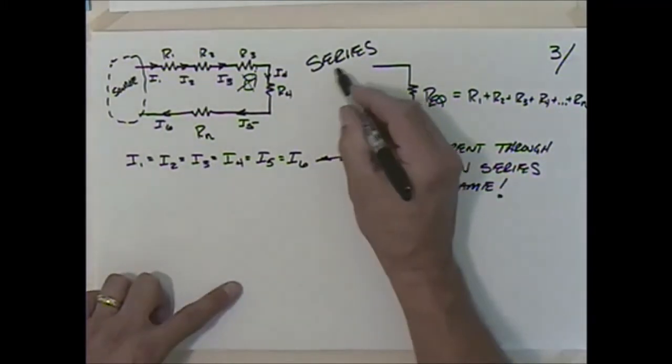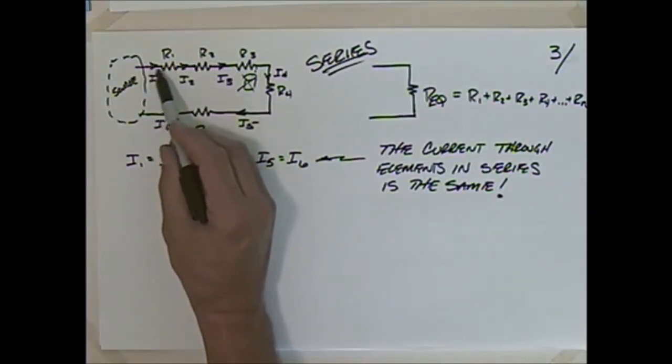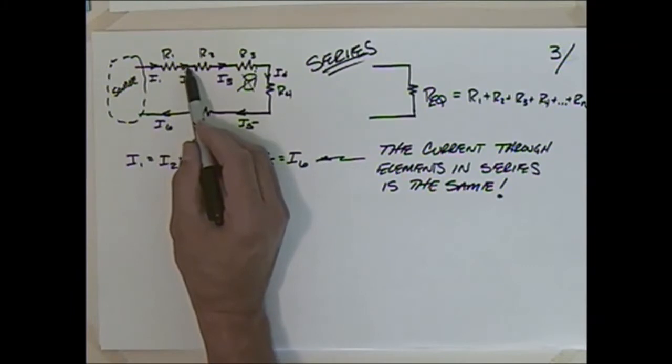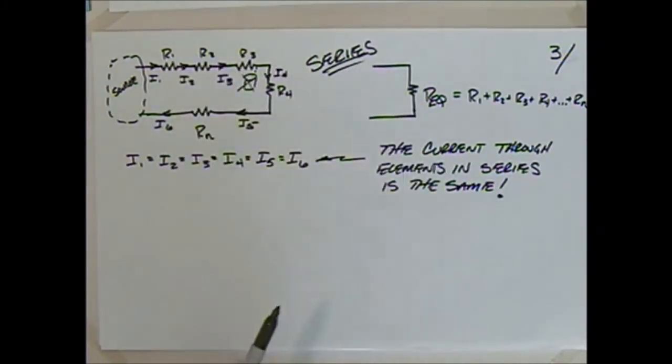Okay, going back to the notion that this is series, this is like trains on a track. You have a train car here, and one end of it's hooked to the next car, and so forth. So series is like trains on a track, if you're having a hard time thinking about this.